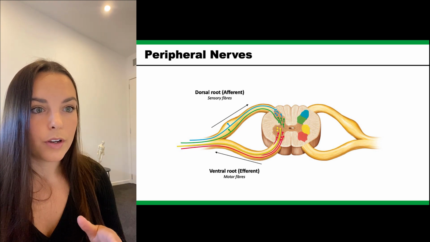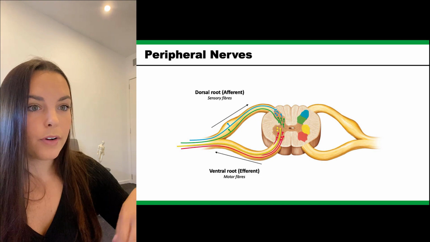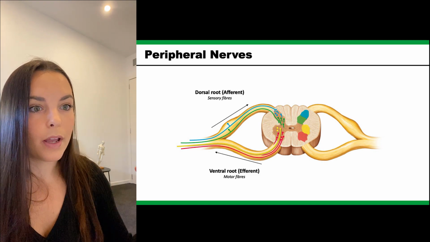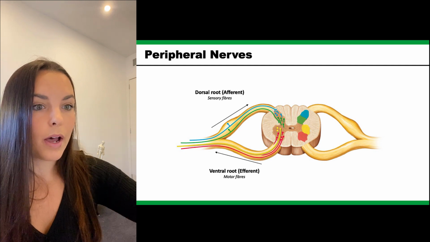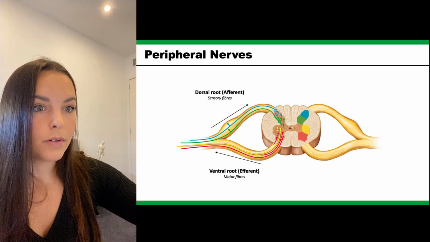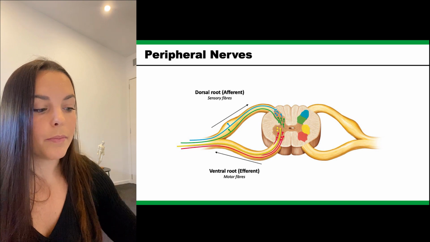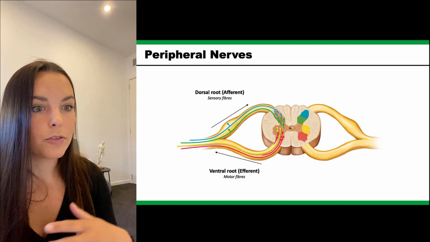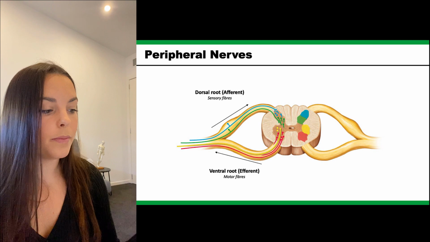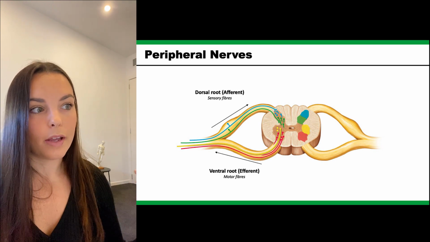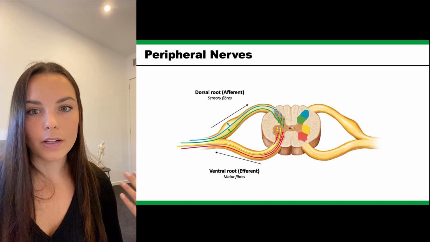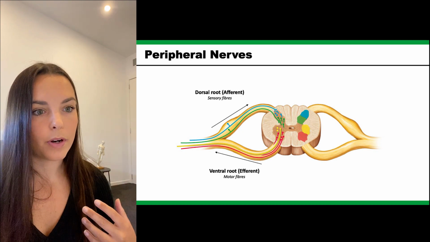So the sensory nerve transmits the afferent pulses from a stimuli to the central nervous system, whereas the motor fibers end up transmitting the impulses from the central nervous system to the effector, be that a muscle, even different glands and hormones throughout the body.